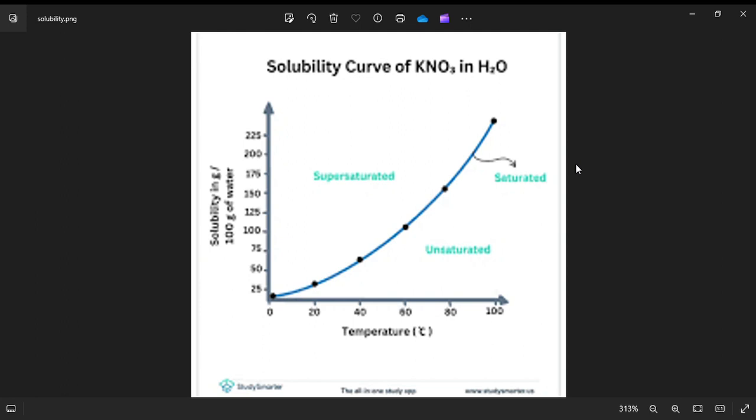Number 6, on your solubility curve, what is the change in solubility from 30 degrees centigrade to 60 degrees centigrade? It's just for you to trace what 30 degrees centigrade is giving you, what 60 degrees centigrade is giving you, and take the difference, and that is your change in solubility.